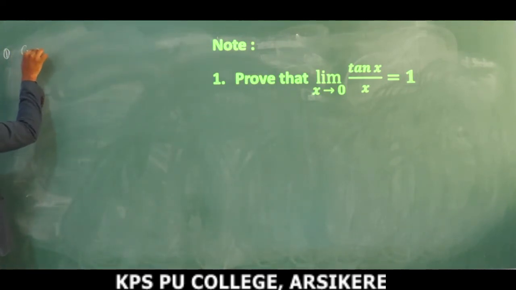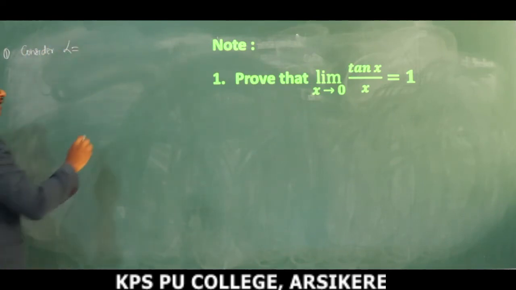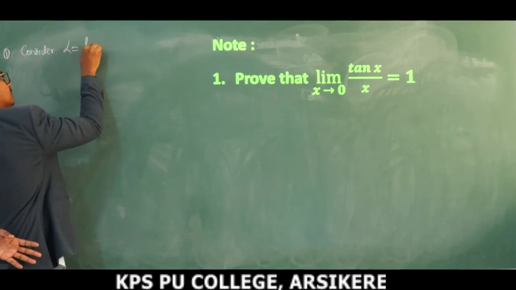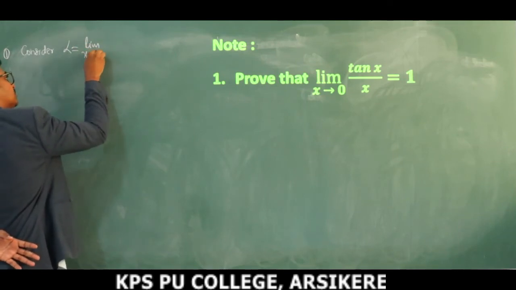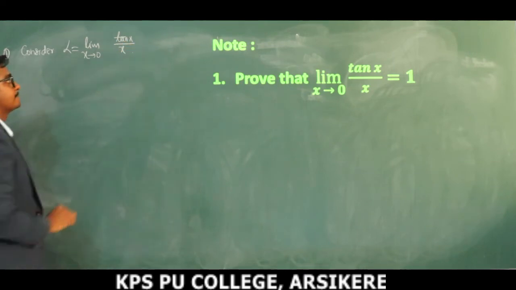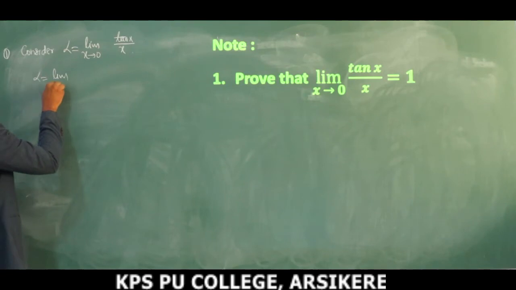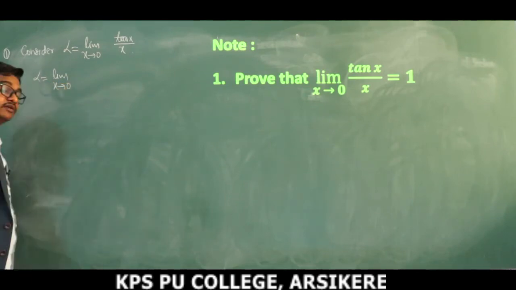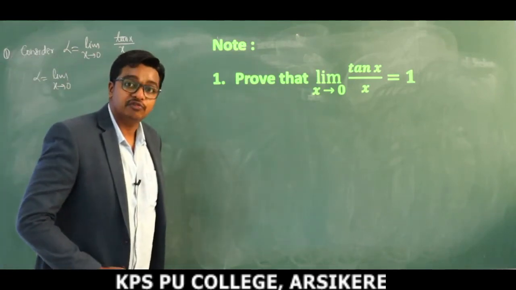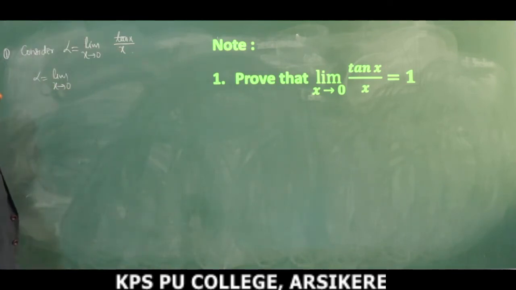Consider L is equal to the given limit. L is equal to limit as x tends to 0 of tan x divided by x. Just remember the formula for tan x in quotient form. The quotient form of tan x is sin x divided by cos x.